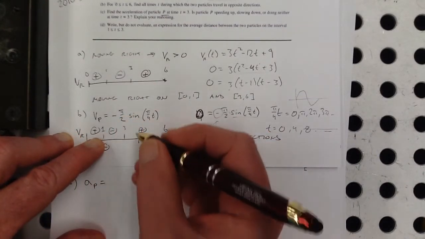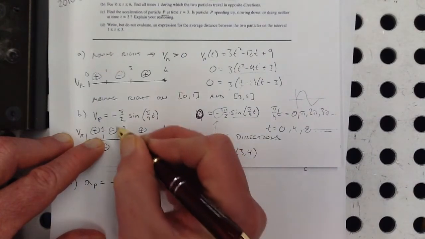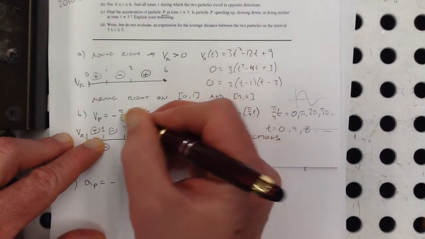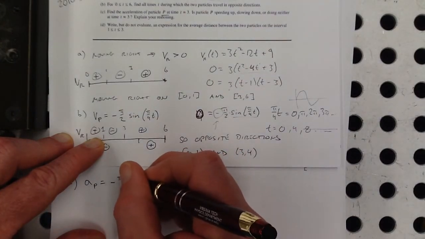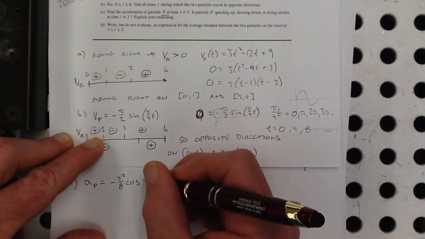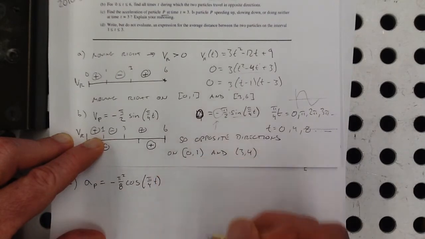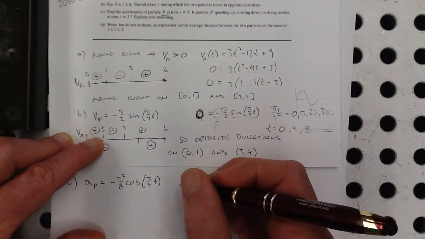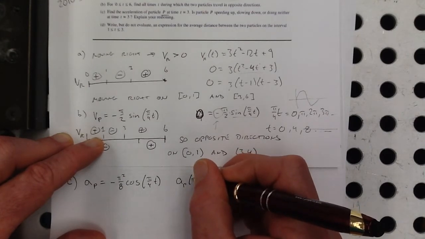So taking the derivative of that, derivative of sine is cosine, so the negative sign stays, and another pi over 4 pops out. That's negative pi squared over 8 cosine pi over 4t. Okay, so I need to know what's the acceleration at time 3.